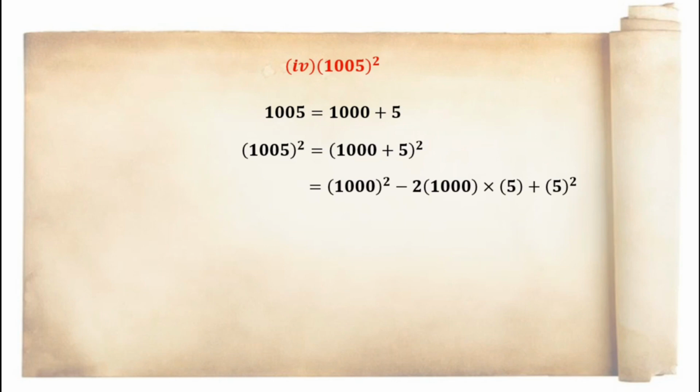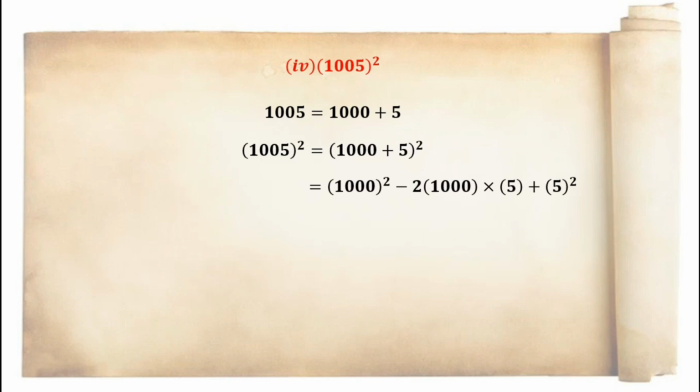And in the fourth and last question of this exercise, 1005 raised to 2. So 1005 is equal to 1000 plus 5. So 1005 raised to 2 is equal to (1000 plus 5) raised to 2. So 1000 raised to 2 plus 2 into 1000 into 5 plus 5 raised to 2.